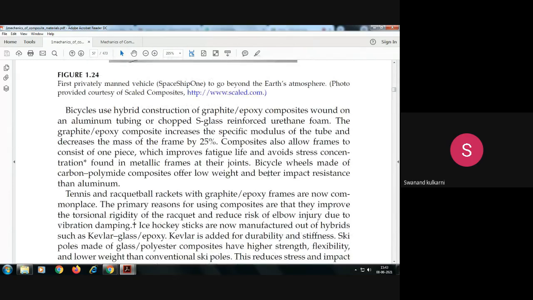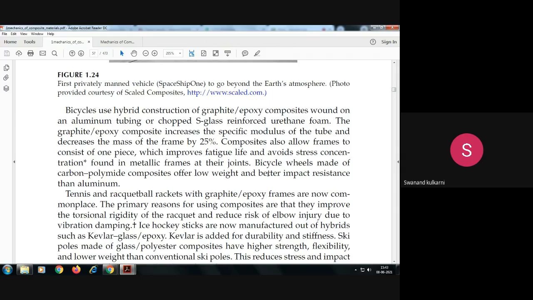Then bicycles use hybrid construction of graphite epoxy composites. Our regular bicycles, which we use in daily applications, use hybrid construction of graphite epoxy composite wound on aluminum tubing or chopped S glass reinforced foam.